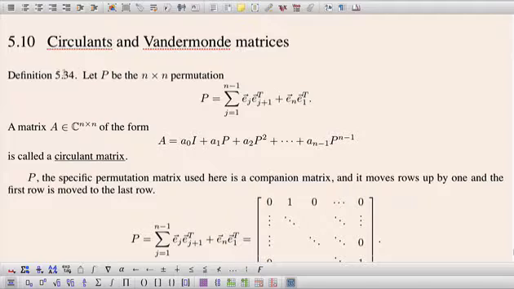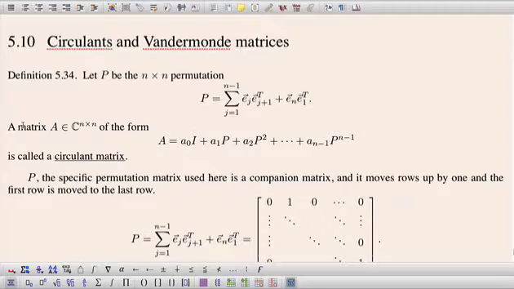So here we start with the definition. First of all, consider P to be an n by n permutation matrix of this form. So it's the sum, j goes from 1 to n minus 1, e_{j+1}^T plus e_n e_1^T.